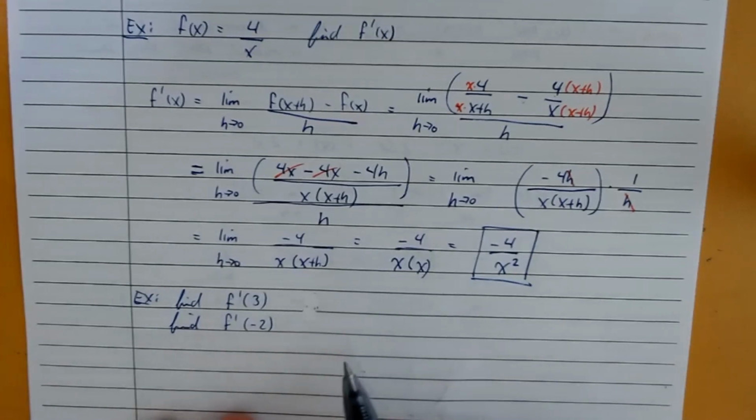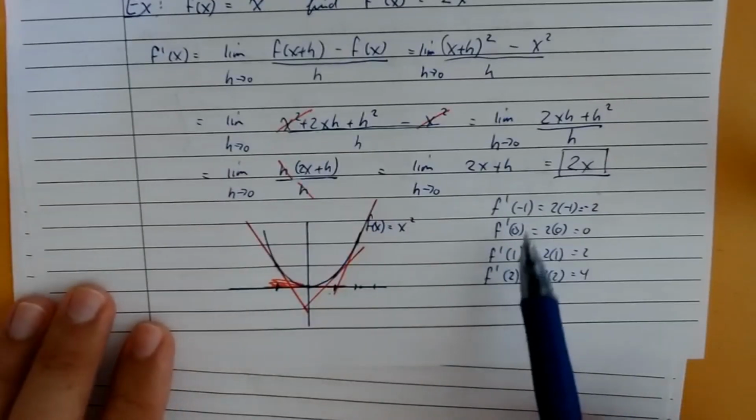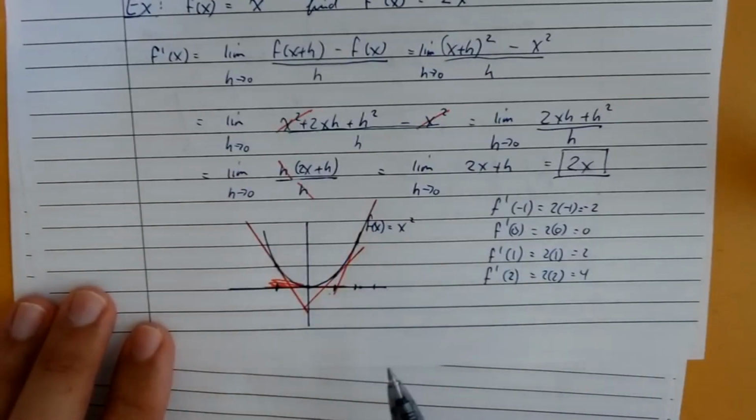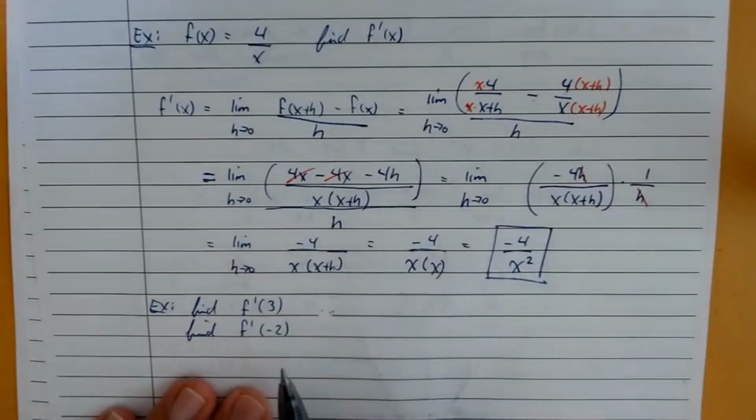All right, just like in our previous problems, once you know what the derivative is, you can always substitute in any value you like to find the derivative at that particular point. So we know the derivative for all values of x. If you want it for a particular value of x, just go ahead and plug that in.